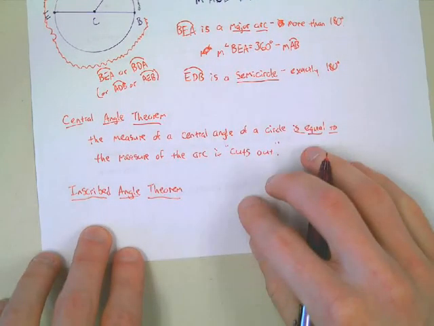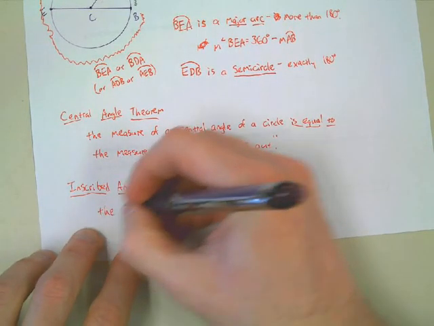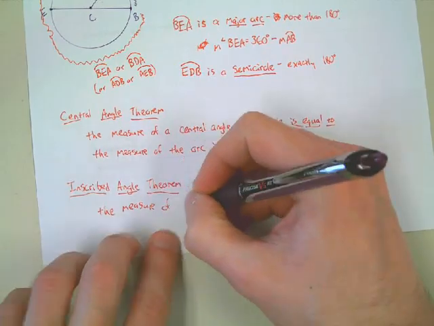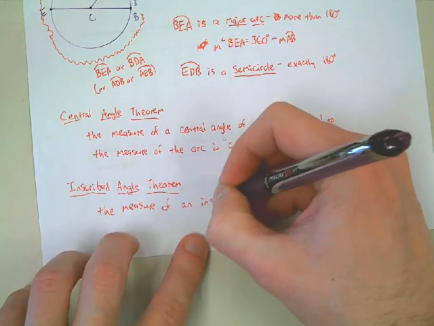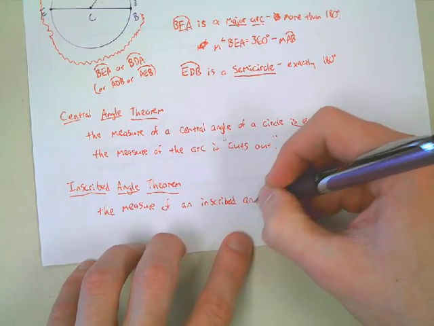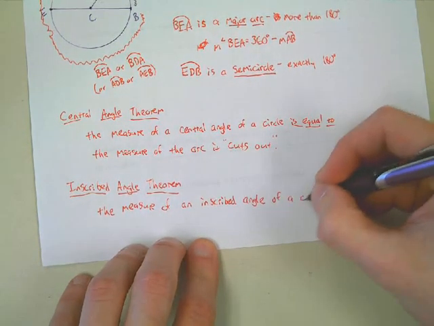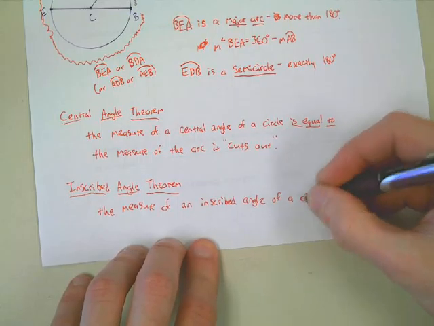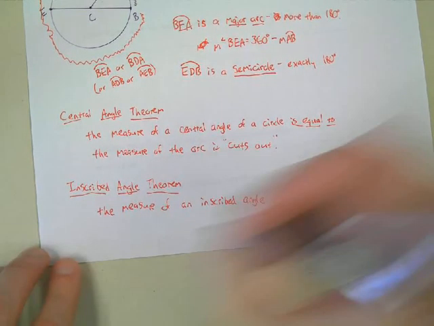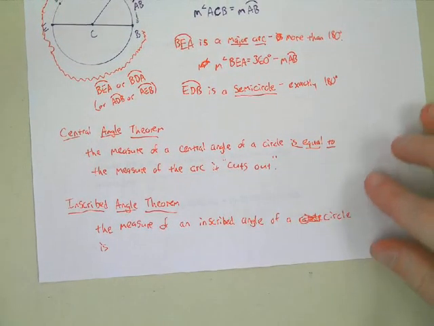The measure of an inscribed angle of a circle is, now this is a little bit different. So let me look at this picture here real quick if I can. Get both things up there, okay?